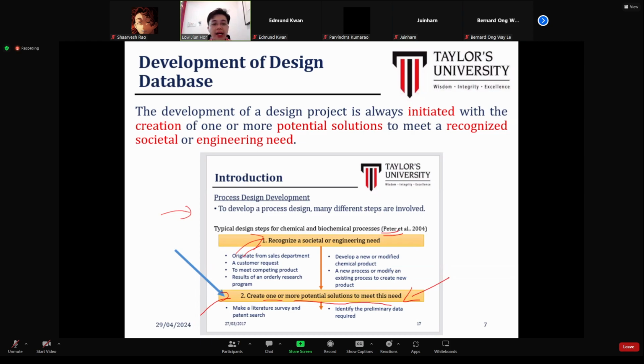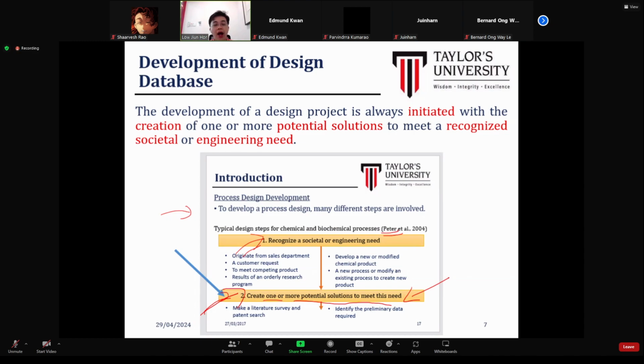So under stage number 2 here, you will gather the relevant information to see how many relevant technologies or processes are currently being used by the industry or market to produce the product that you want to produce.